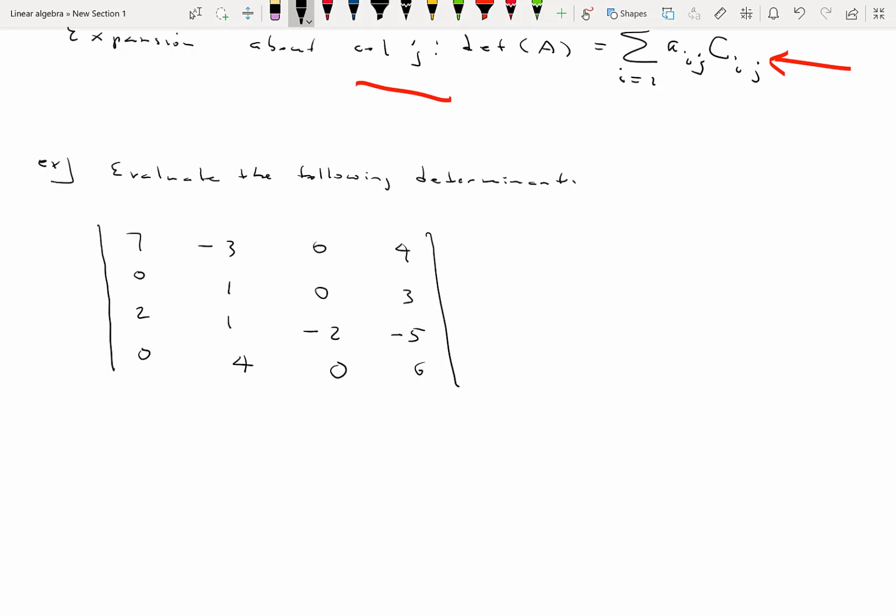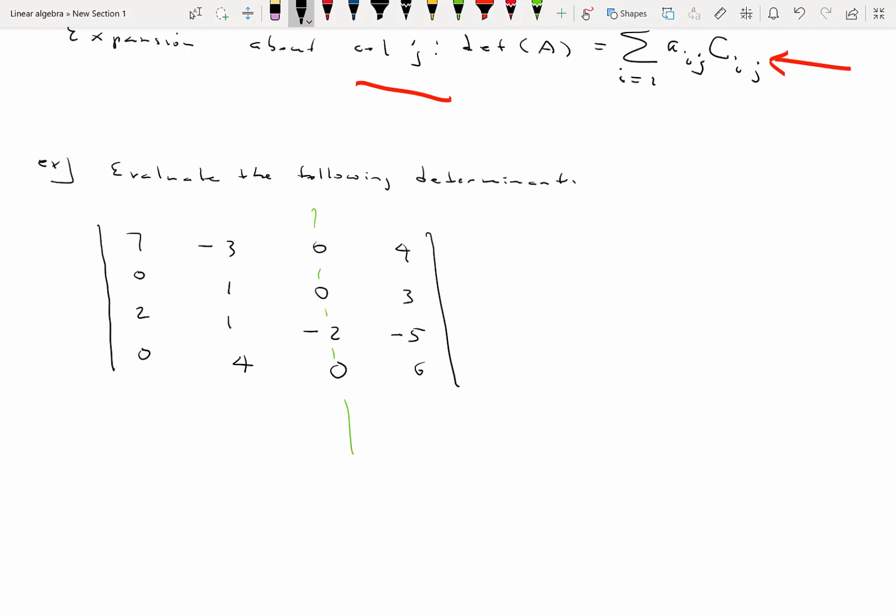So, bottom line is, it would be nice to choose the row or column in the original matrix that has the biggest number of zeros in it. And your eye probably went directly towards the third column. So the idea is to expand about a row or column that has the greatest number of zeros in it.